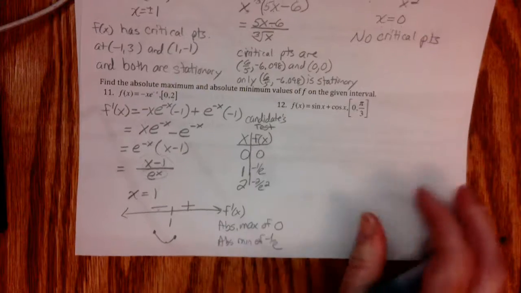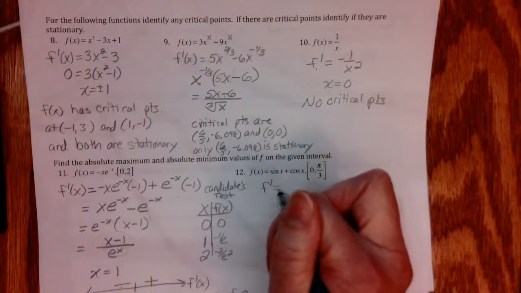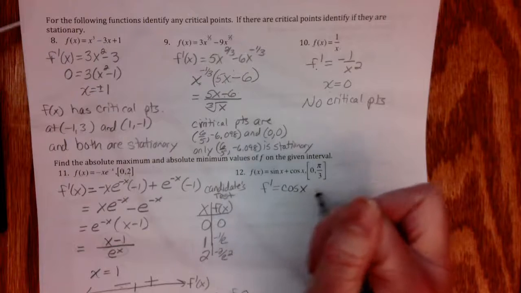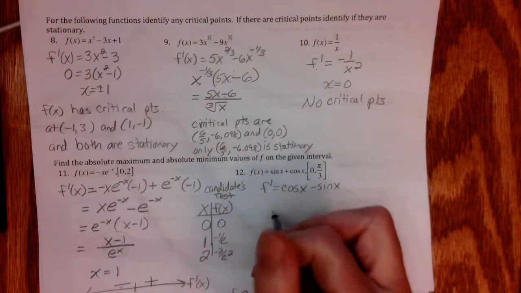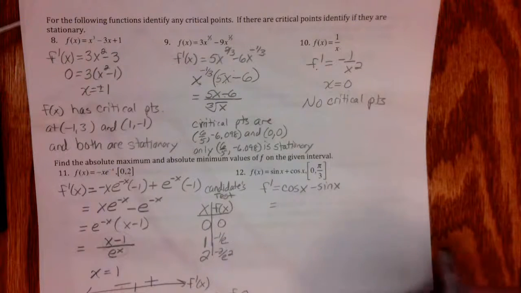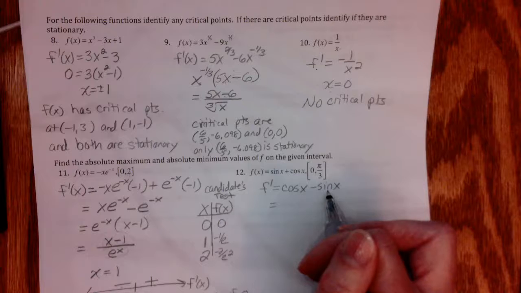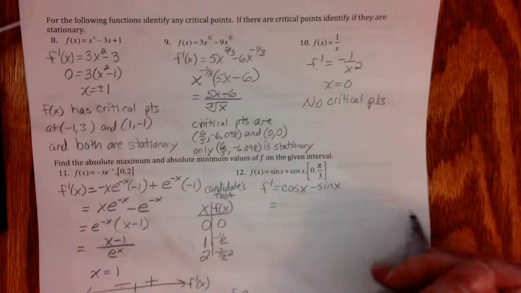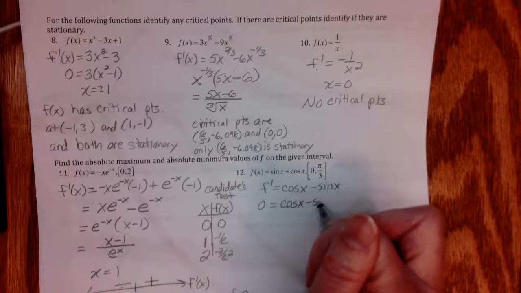For the next one, the trig function, we take its derivative. F prime is equal to cosine of x minus sine of x. Then I want to identify critical points. If I'm dealing with cosines and sines, I'm not going to have points of non-differentiability. Those are nice, smooth, continuous functions. So I'm going to say 0 equals cosine x minus sine x.